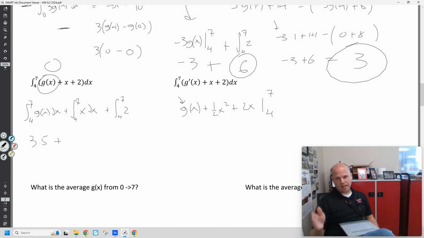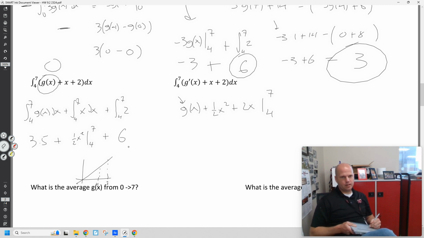Do you want to accumulate X from 4 to 7? It creates a trapezoid. Like I could, if I wanted to, think about Y equals X from 4 to 7. I could use geometry to find this, but I'm probably going to actually take the antiderivative and use that. This one's easy enough for me to just do in my head.